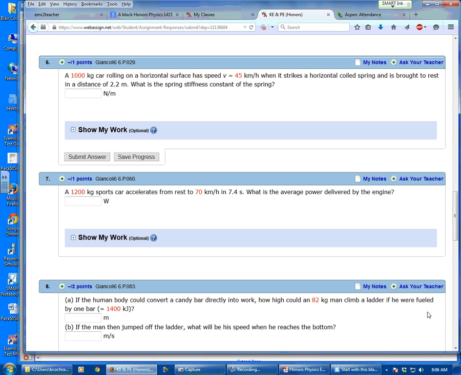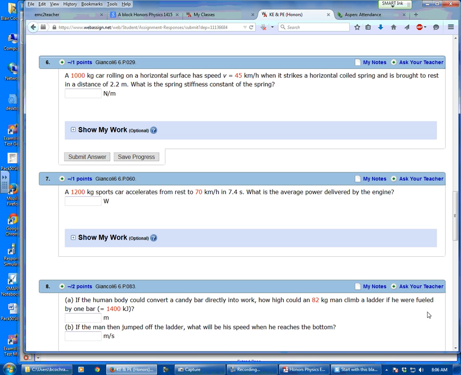Here I'm looking at an energy transformation. I've got this car, and it's got kinetic energy. That kinetic energy is going to change because of the net work done on it, and the spring is the thing doing that work. The way it does work is by storing or releasing potential energy, energy of position.